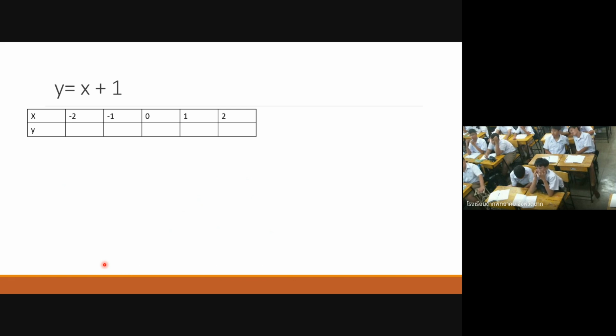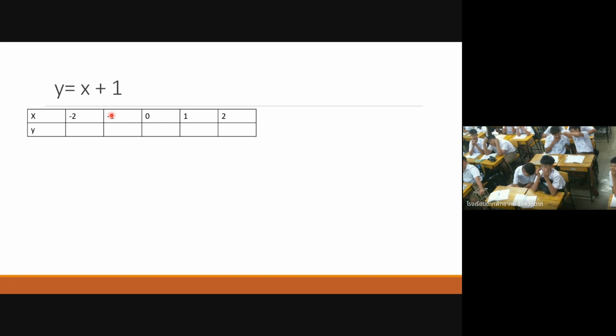Now, in making the table of values, you make the value of x, okay? If you want negative 10, negative 5, 0, 5, 10, okay. If you want 1, 2, 3, 4, it's also okay. If you want negative 5, negative 4, negative 3. But I want to use this one, negative 2, negative 1, 0, 1, 2.